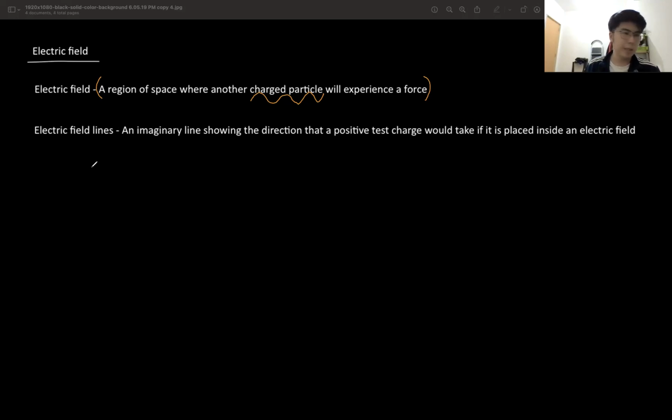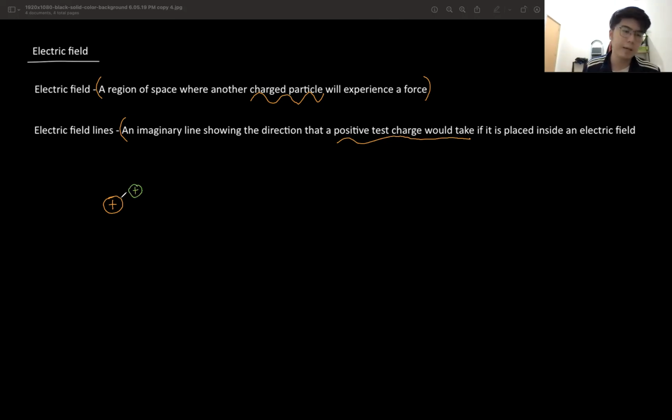All right. Now, how do I draw the electric field of a charge? Here, we have a positive charge, and electric field is represented in field lines. We draw lines. What are the field lines? Electric field lines: an imaginary line showing the direction that a positive test charge would take if it is placed inside an electric field. So let's say you place a positive test charge here.